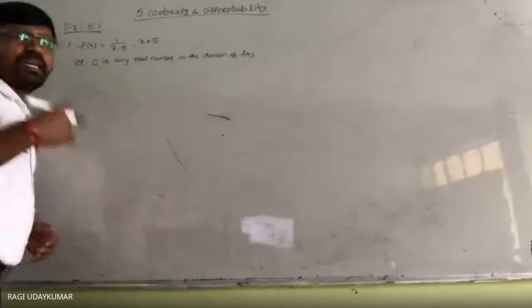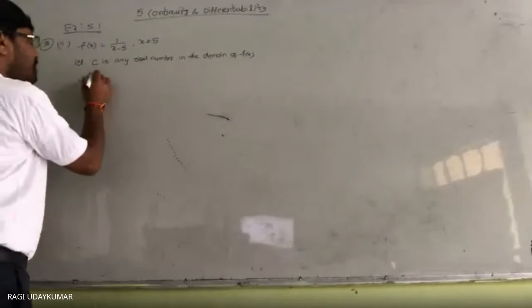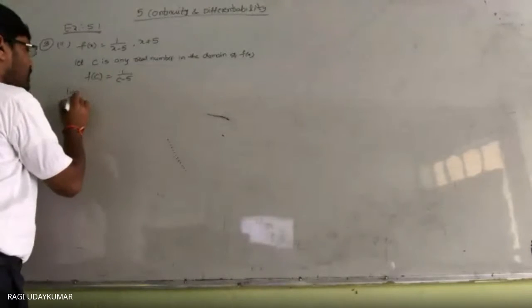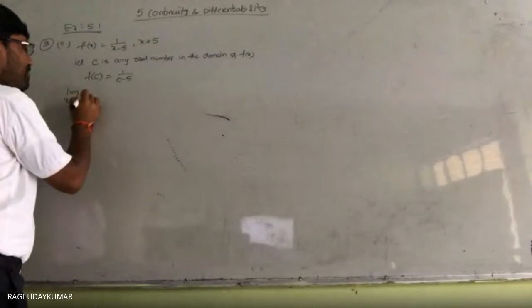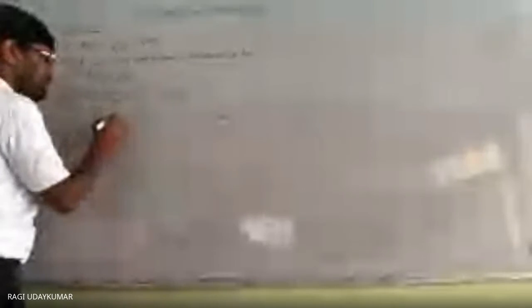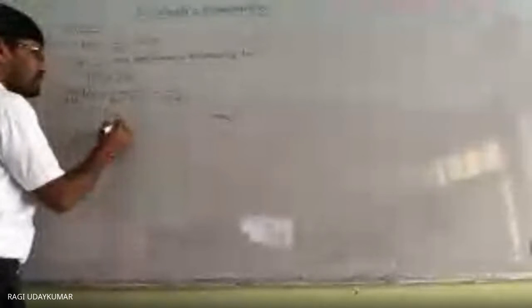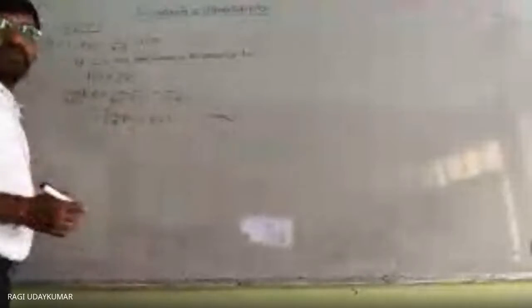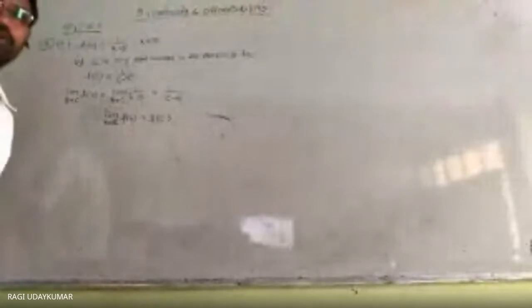So what do we get in this situation? f of c is 1 by c minus 5. The limit as x tends to c of f of x, that is 1 by x minus 5, is 1 by c minus 5. Both are equal, so limit as x tends to c of f of x equals f of c, where c should not be equal to 5.